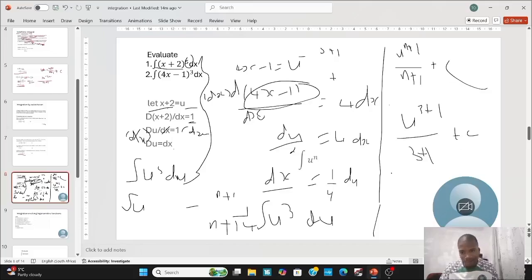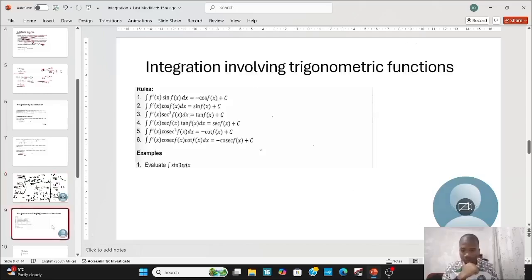Then we can write it in the form that we know, using the original values, as 4x minus 1 to the power 4 all over 4, not forgetting that it has the 1 over 4 that we have to multiply with 1 over 4, plus c, which gives us 4x minus 1 to the power 4 over 16, right? Then we can proceed.